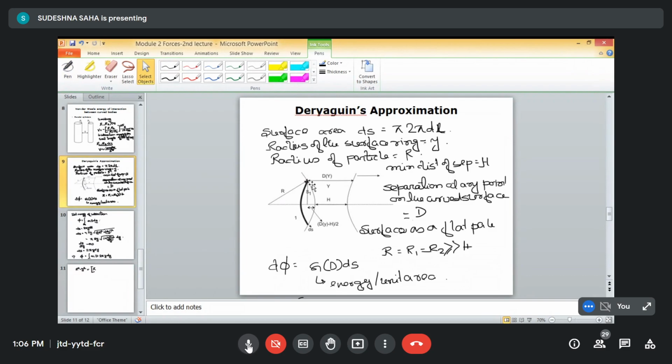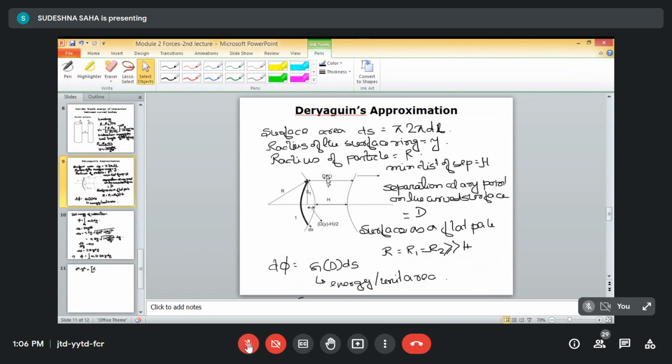So d is any distance between these two particles. Because these are the spherical particles that we have considered at the moment, obviously this is the shortest distance h, but the distance actually changes due to the radius of curvature, the curvature of the spherical particles.